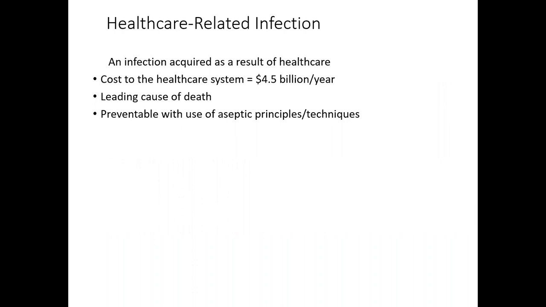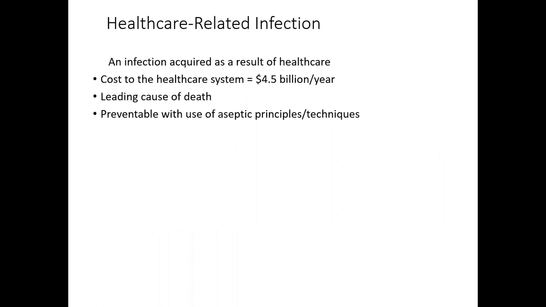So healthcare related infections, healthcare associated infections, are sometimes also referred to as nosocomial infections. And this refers more specifically to hospital-acquired infections, things that were caused because the patient was in the hospital.